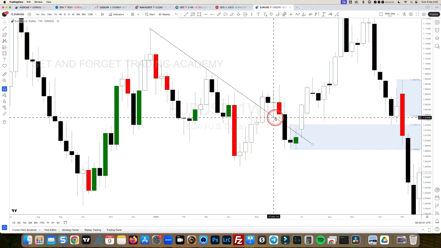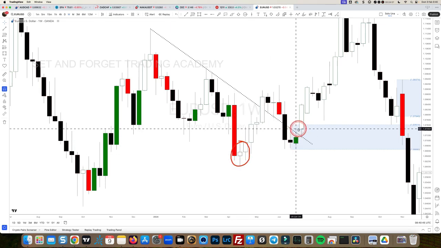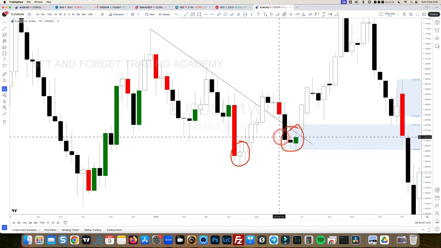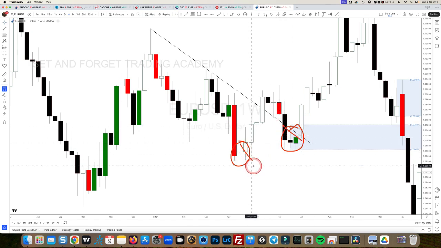On the weekly time frame, the origin of the move would be there. This is not the origin of the move. You cannot have two origins of the move, because the word itself says the origin, the commencement, the beginning of something. You cannot have two beginnings. It's either this one or this one. Both of them are not.